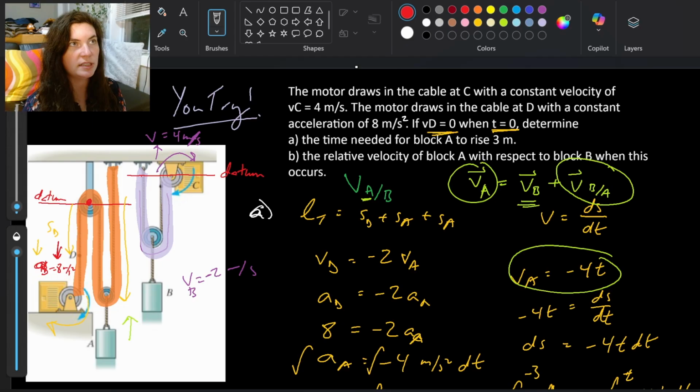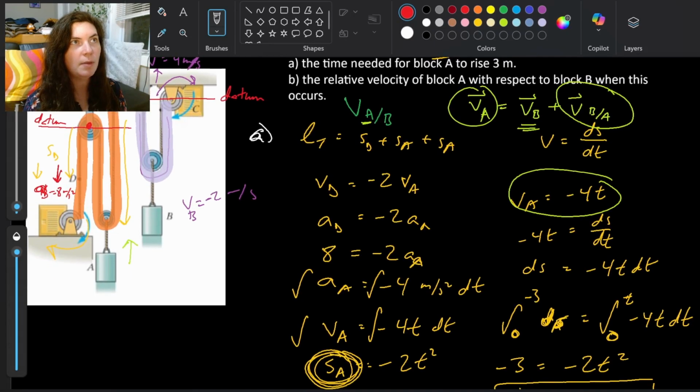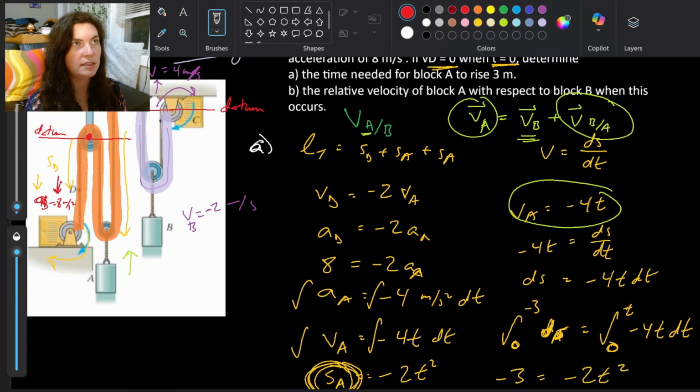This is a separate system, right? This has its own thing going on. I can make my own relationships for C and B. And it doesn't really matter because they're absolute anyways, right? So if I make my datum there at C, what I'm going to see is I have this position of C, and then I have 2 positions of rope down to B.